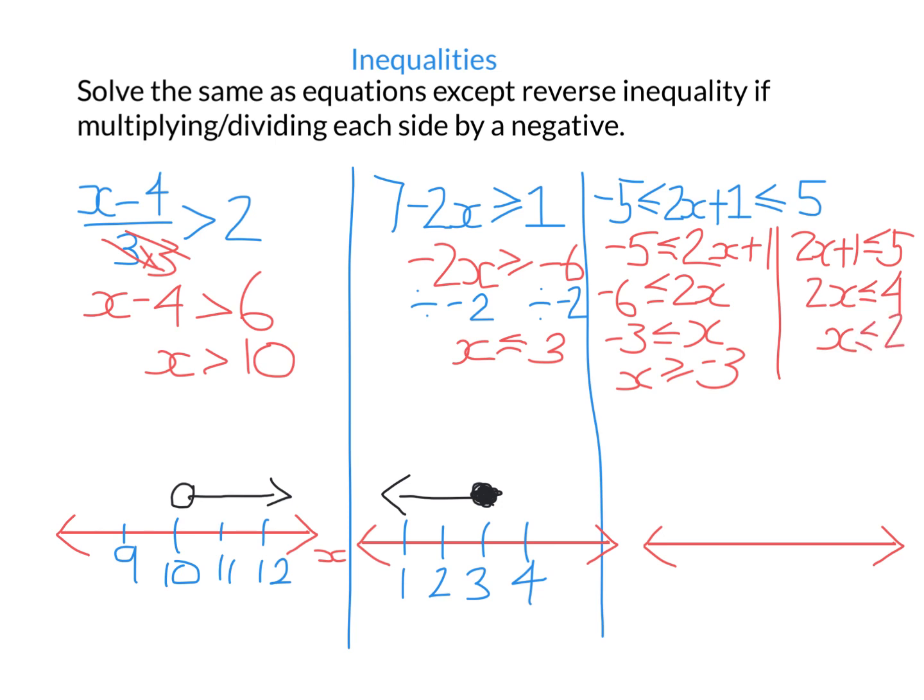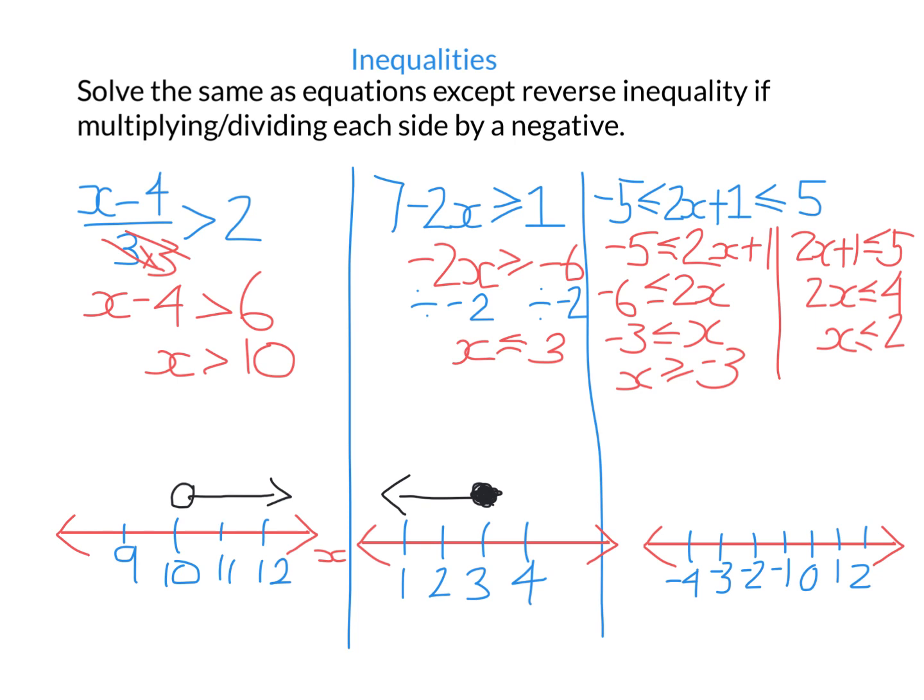So what we found by solving each of these inequalities is that in order for this statement to be true, x has to be greater than or equal to negative 3, but less than or equal to 2. In other words, it has to be between and including negative 3 and 2. So let's show this on a number line. Note that I'm including each value, negative 3 and 2, in my solution.